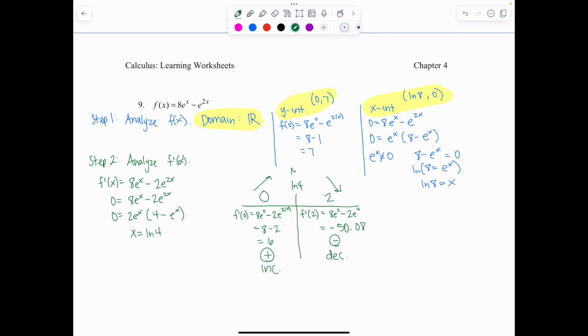So we have a max. Our increasing interval, negative infinity to natural log 4. Our decreasing interval, natural log 4 to infinity. So we have our max value, we have increasing interval, decreasing interval.